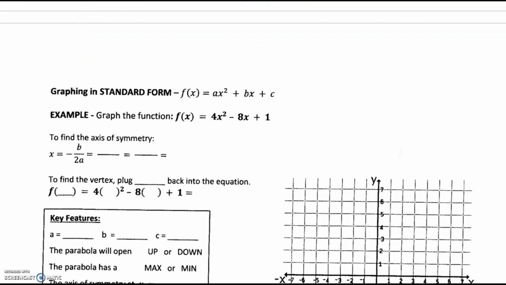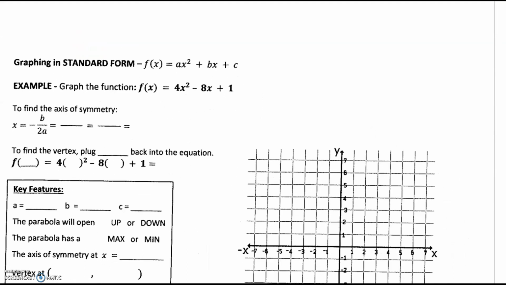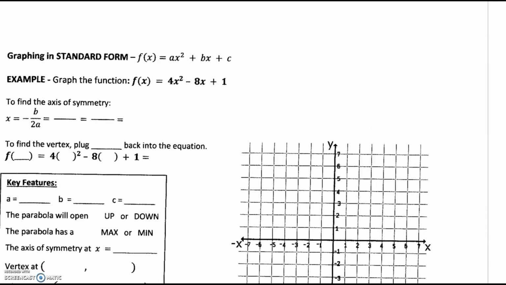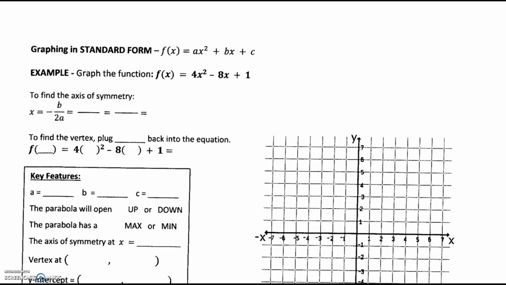Now we're ready to graph in standard form. To graph in standard form, we have our given quadratic function, f of x equals ax squared plus bx plus c. And they want us to graph the function 4x squared minus 8x plus 1.